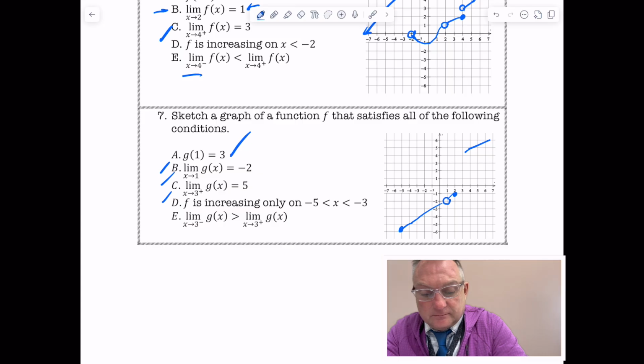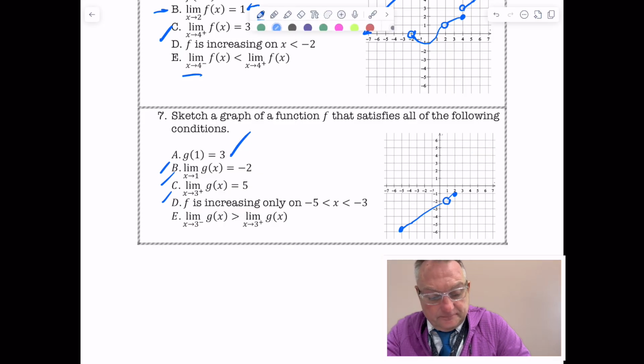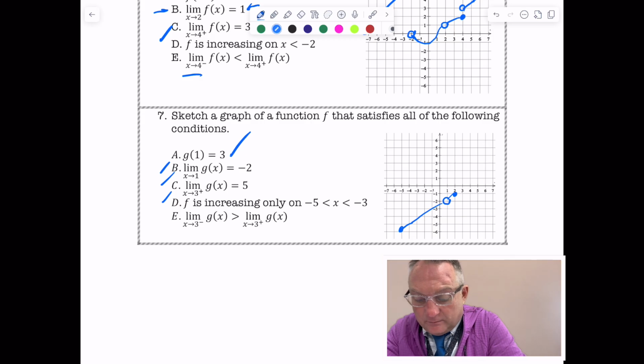So I've got the 3, 5. I'm going to draw that really, really small. And then I need the limit from the negative side to be higher. Okay? And it's still got to be increasing.